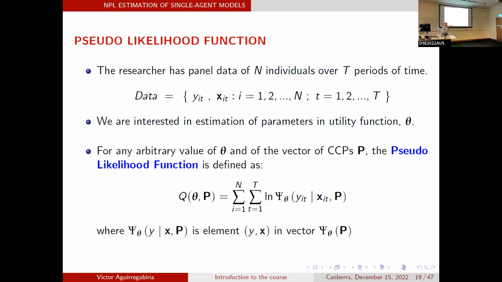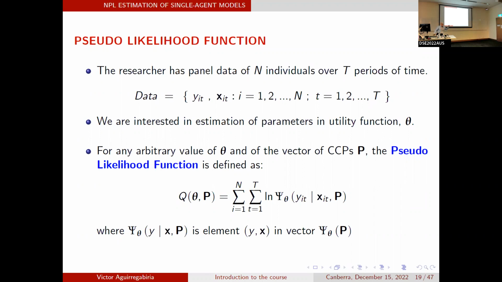Well, it's not taking into account the assumption of our model that these beliefs are rational, that an agent knows that his behavior in the future will be the solution of the dynamic programming problem. This vector P is not just an arbitrary vector of beliefs; it is the vector of beliefs that solves the dynamic programming problem given theta.